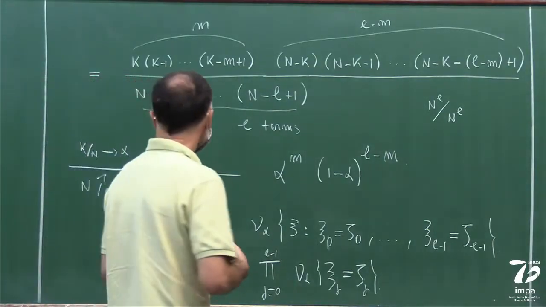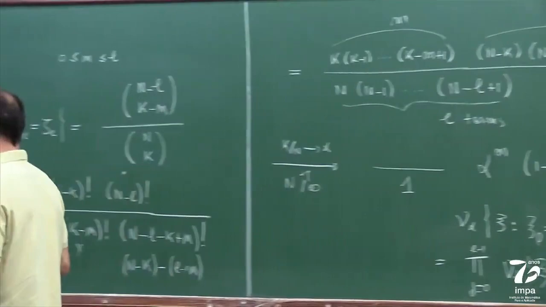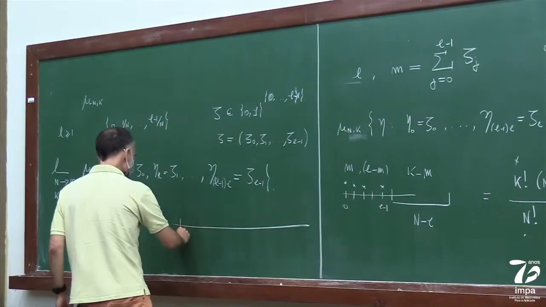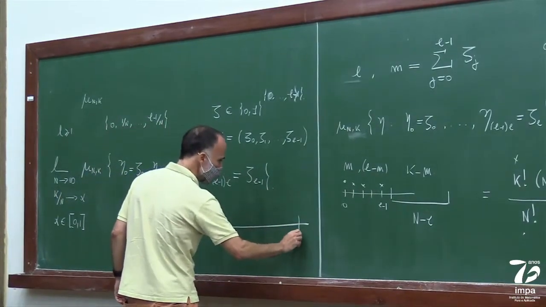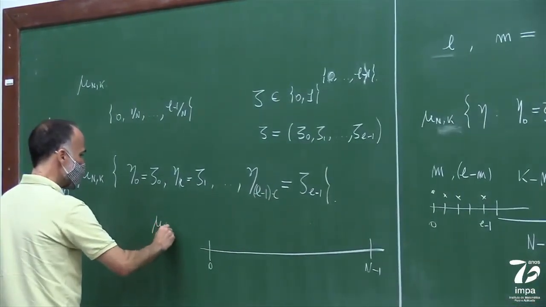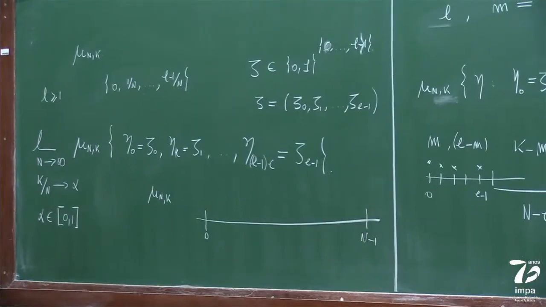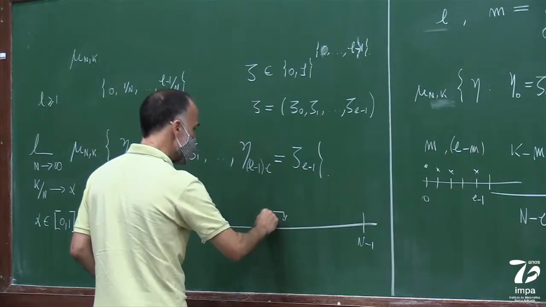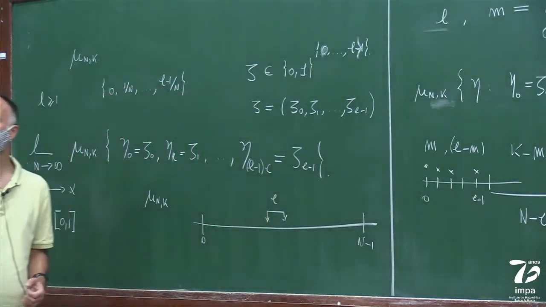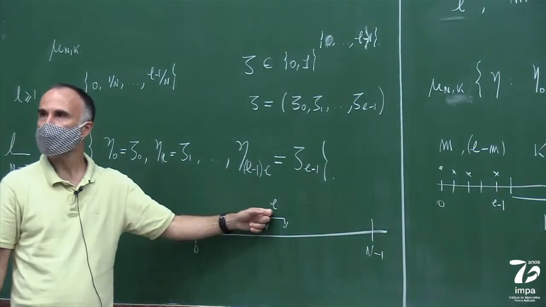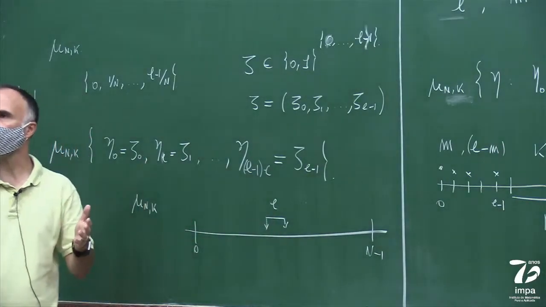So what is this telling me? This is telling me the following. If I take n very, very large, and I take the measure mu n,k, so the stationary state, and if I look at a very small window, here I fixed the size of the window, the same computation will show you that you can take this size as a function of n.